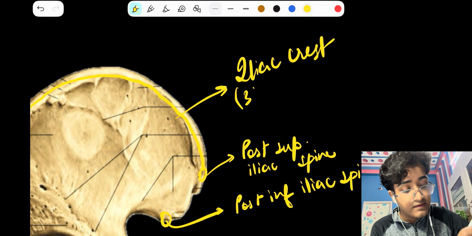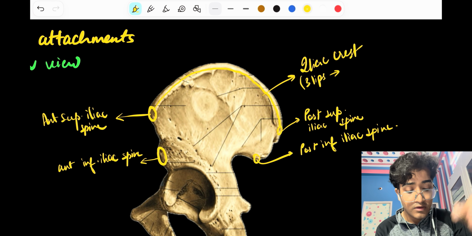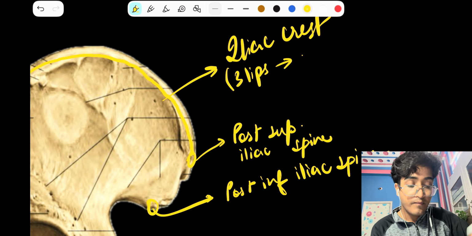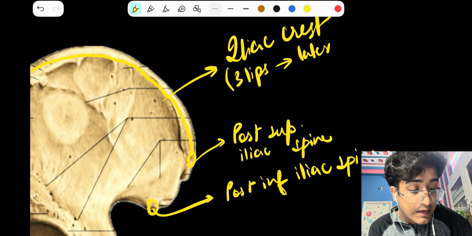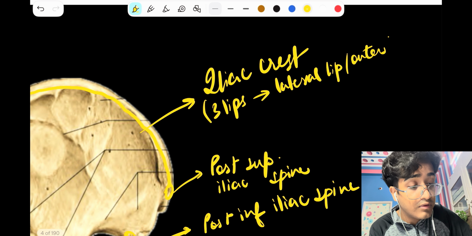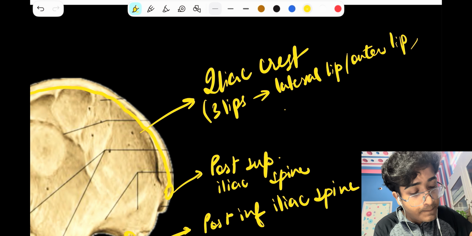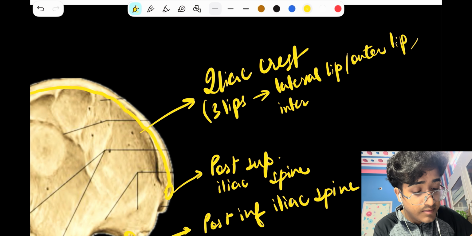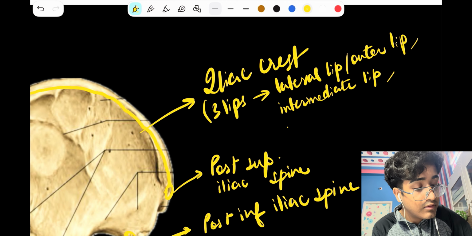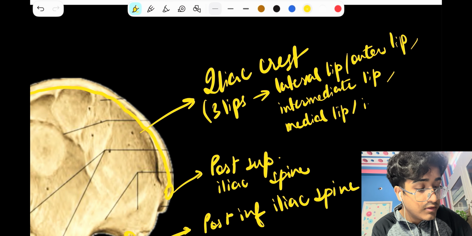This iliac crest has three lips: the lateral lip, or outer lip, next the intermediate lip, and the medial lip, or inner lip.